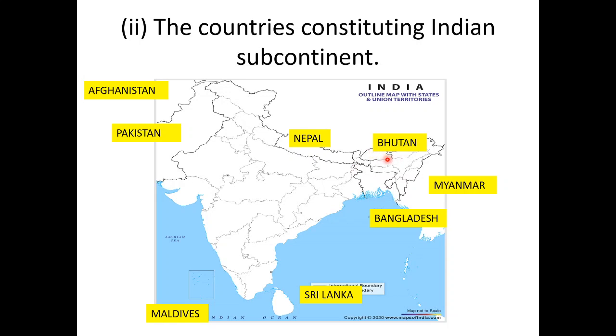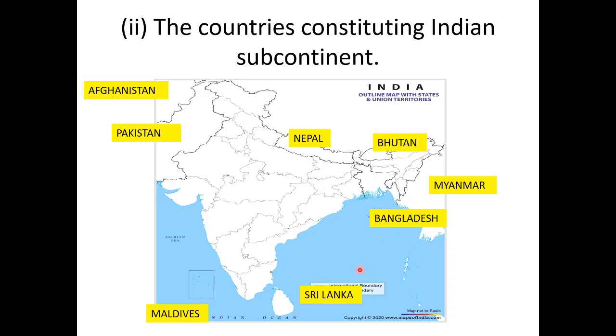Bhutan is this one, share its border with Arunachal Pradesh, okay, and Sikkim. After that we have Bangladesh. This is the Bangladesh. You can see that West Bengal, okay, Tripura, Assam. These are the states share their border with Bangladesh. Here we have Myanmar. Okay, Myanmar is also share its border with Tripura, Mizoram, Arunachal Pradesh. Okay, so this is the Bangladesh.